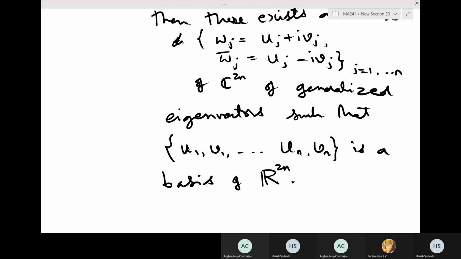So if you have a linear combination of these, you will get a corresponding linear combination of Wj and Wj bars, so that you can read off that all the coefficients have to be 0. Actually, once you prove these are linearly independent, you are done anyway. There are exactly 2n of these, there's nothing more to prove. So it's a maximal set of linearly independent vectors.